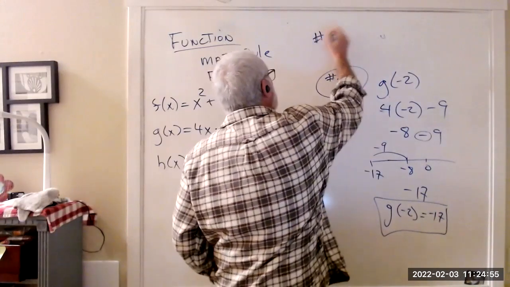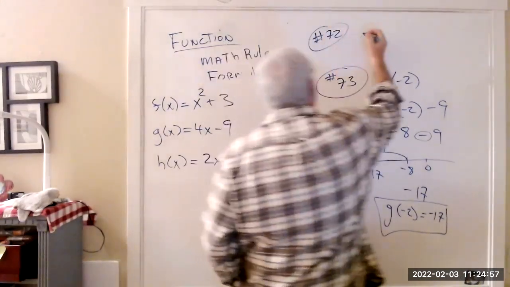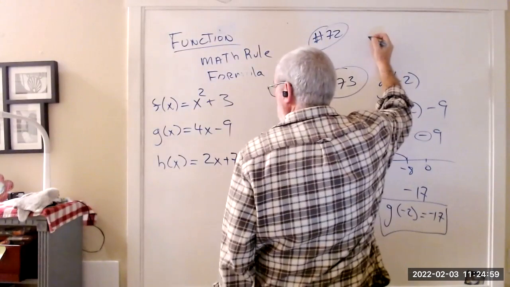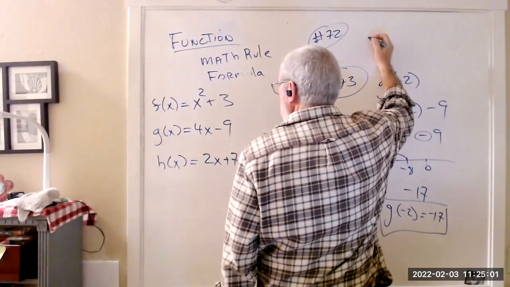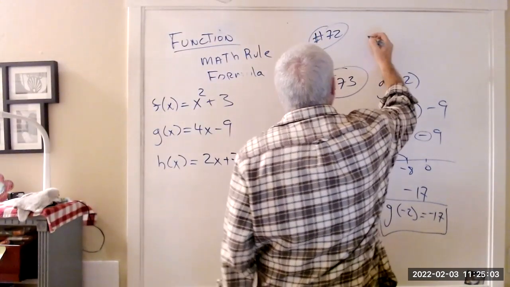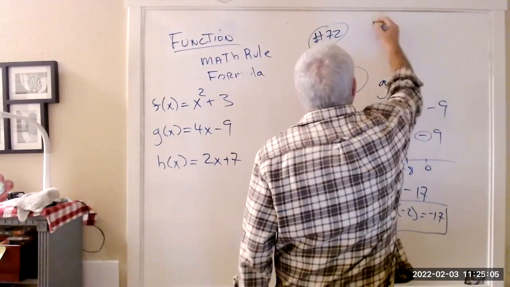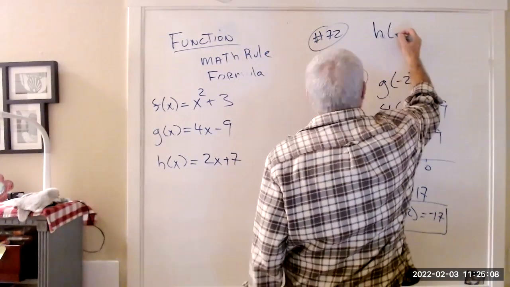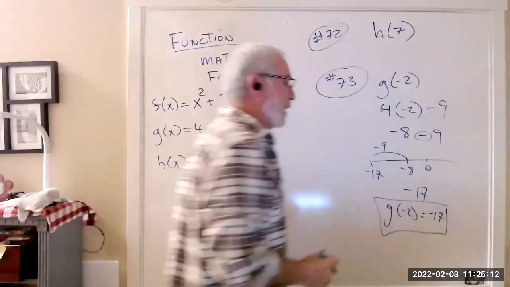Problem number 72 could have been something like, oh, you guys want me to be real weird? Okay, no, I won't be real weird. Problem number 72 could have been find H of 7. I was going to get weird on you, but I won't.